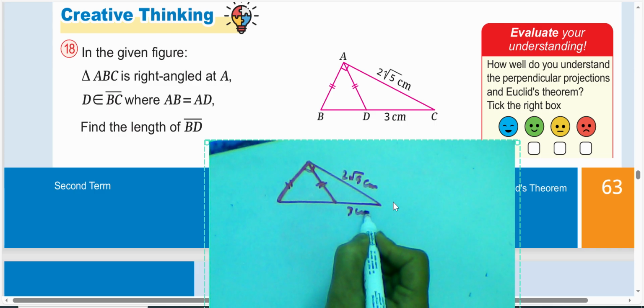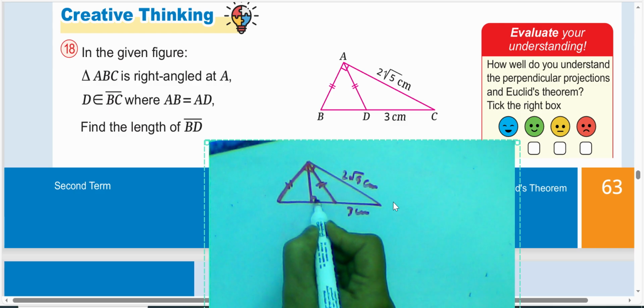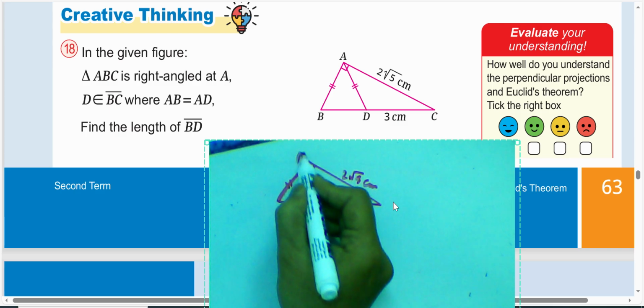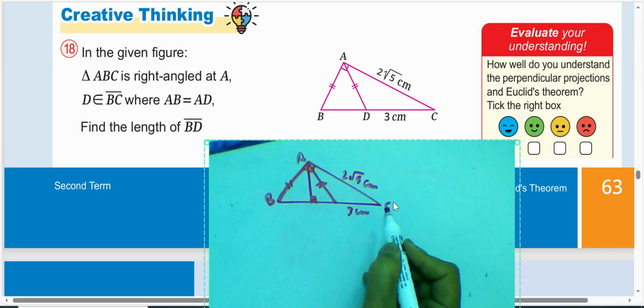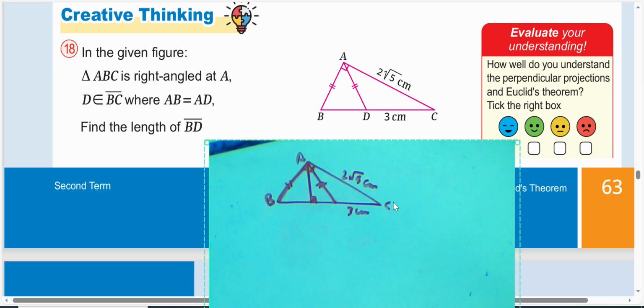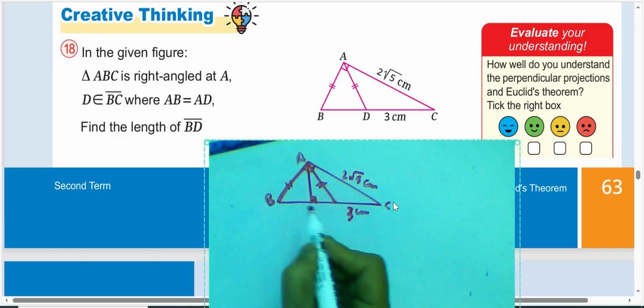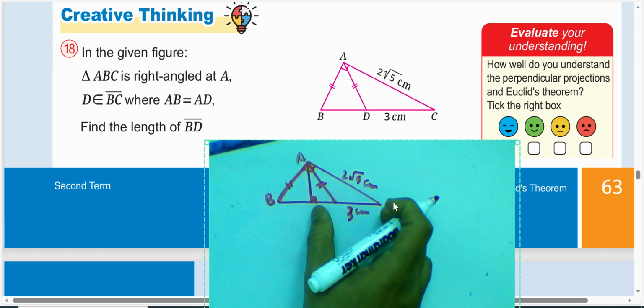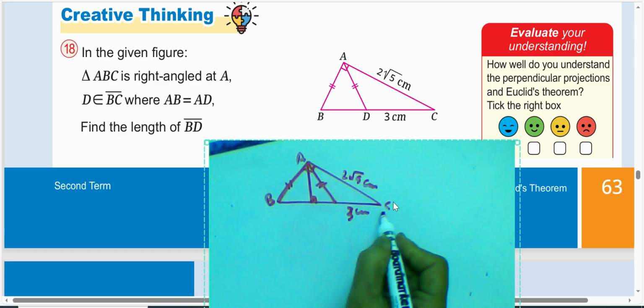We have 3 centimeter. I will draw a right angle triangle here. Draw perpendicular. We have A, B, C. Okay, we want to find the length of what? Of BD. Okay, in this triangle we can find this length.